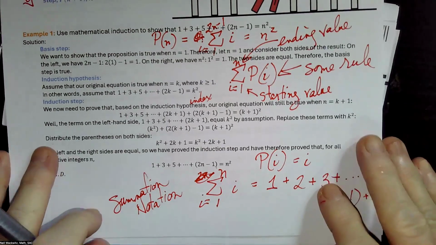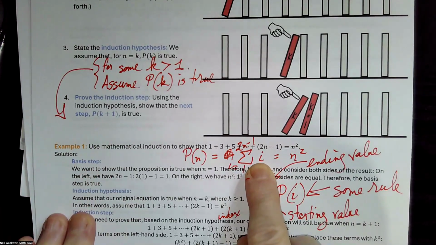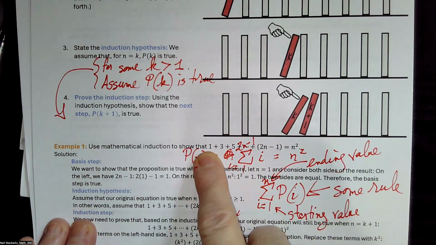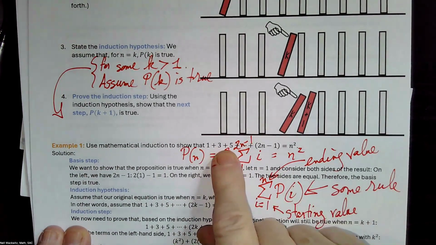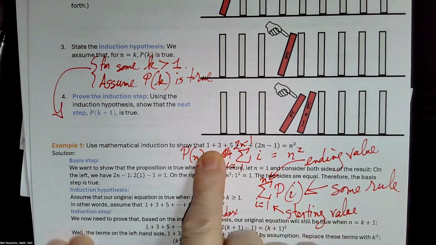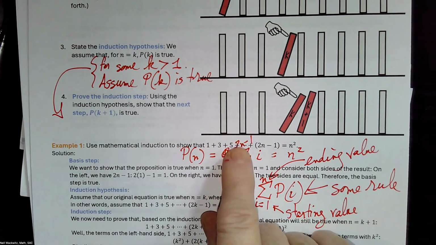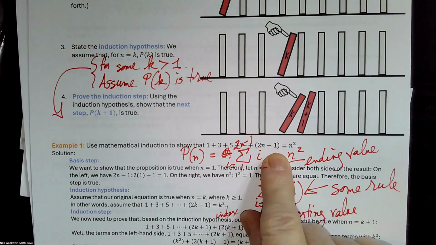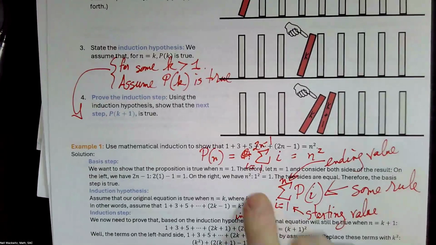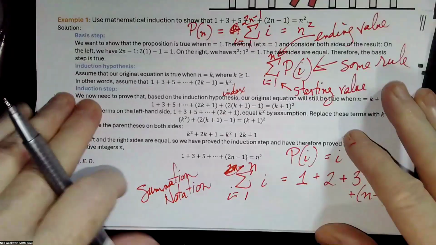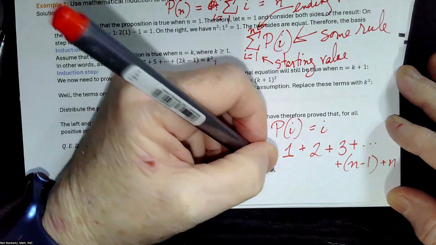So in our case, we do just have i as the rule because we've got 1. Oh, I see. We're not looking at 1 plus 2 plus 3 plus 4 plus 5. We're looking at 1 plus 3 plus 5 plus dot, dot, dot plus 2n minus 1. Oh, okay. That's cool. So if I look at the number 1, that's the first number.